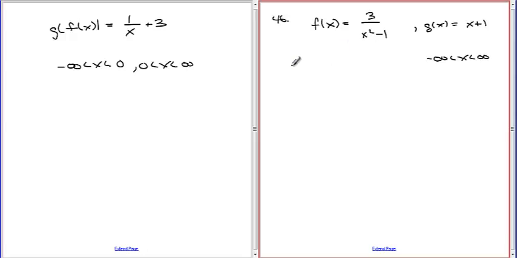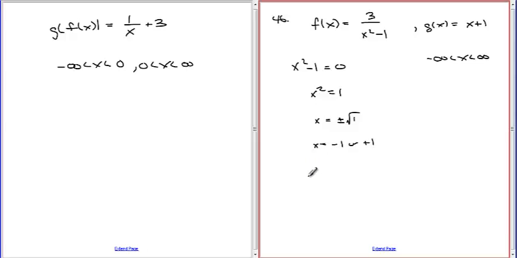Here, again, what we have to have is that the denominator does not equal 0. So we find out the values for when x squared minus 1 equals 0. So what you get is x is minus 1 or plus 1.